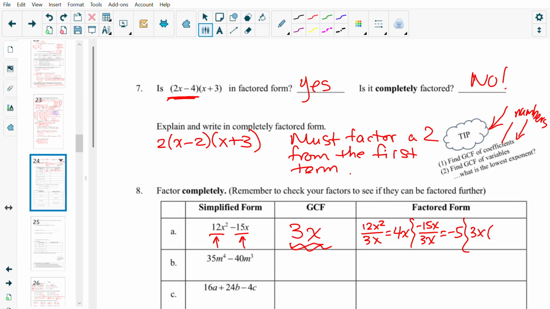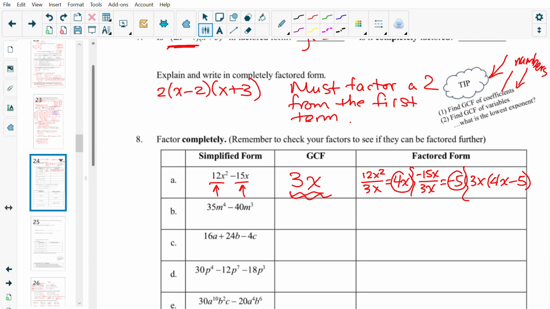You write it left to right as the greatest common factor on the outside, and what's left on the inside is the result of the division, or the quotient, 4x minus 5. That's why it's called factoring, because now I've turned my polynomial expression into a product of its factors. So that's 3x times 4x minus 5.